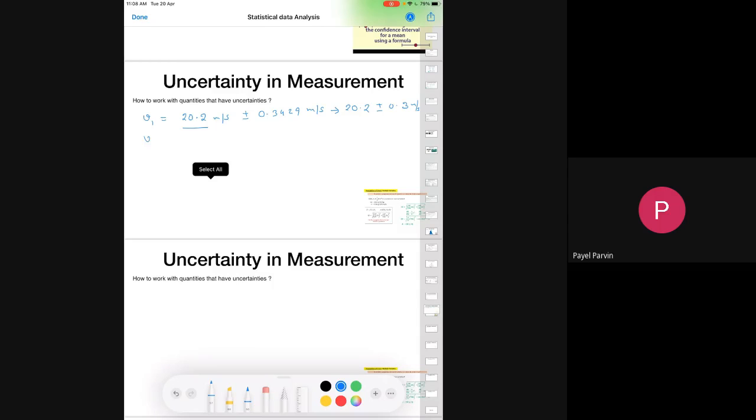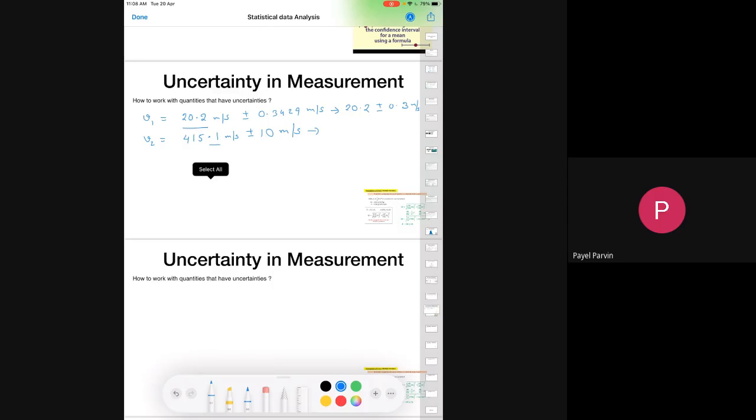Let's take another example. Suppose I have another speed, and my mean is 415.1 meter per second. And the error I report after whatever analysis is 10 meter per second. Now this is also weird, because if your error is so large, then this 0.1 has no significance in your reported value.